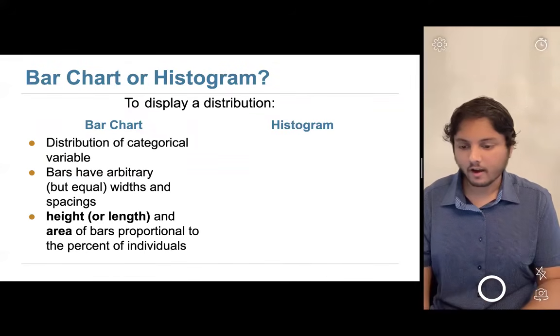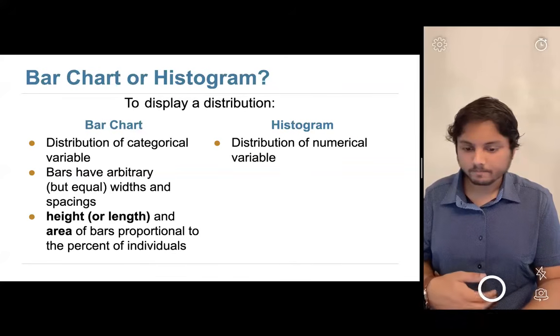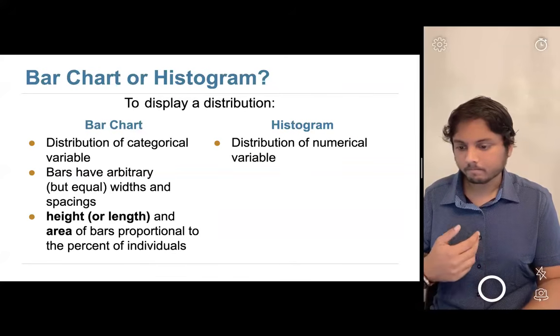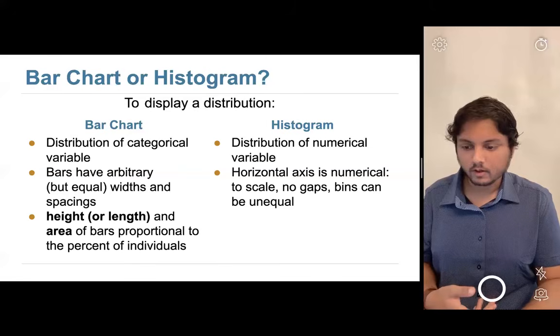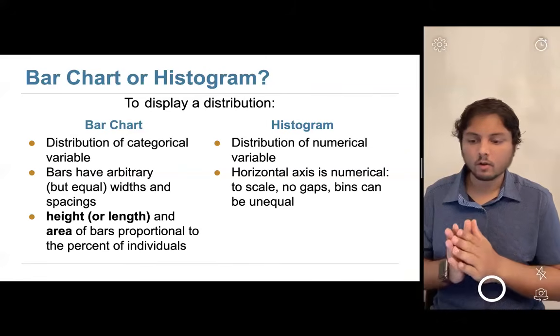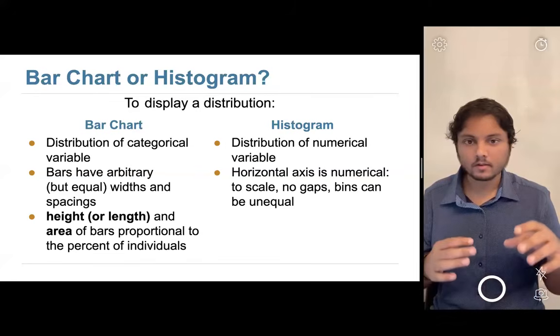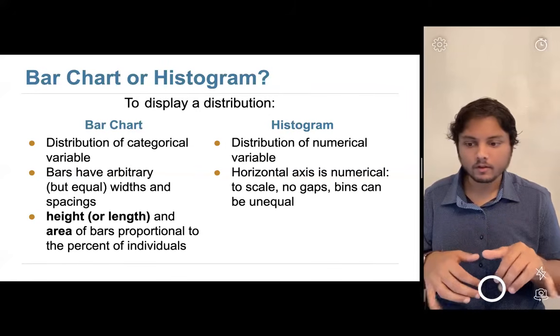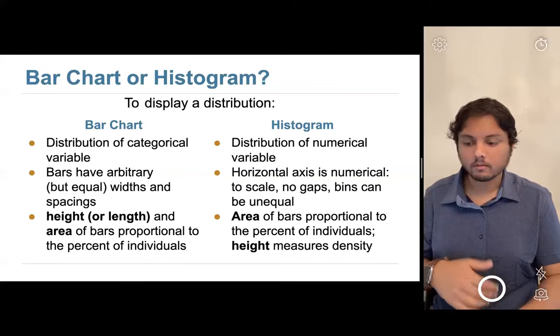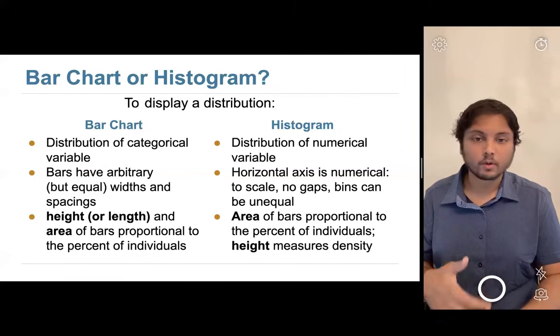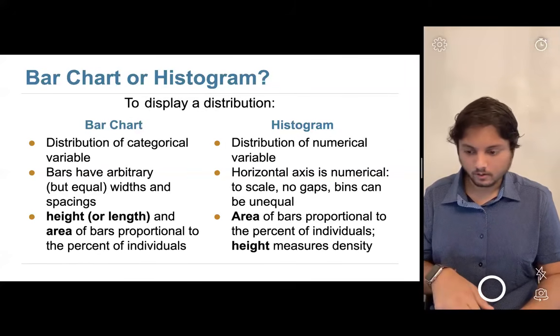And then if we have the histogram, that's used for numerical variables. In the histogram's case, the horizontal axis is numerical, and then you have these bins that may or may not have the same width. Regardless of that, though, the area is still proportional to the percent of individuals.